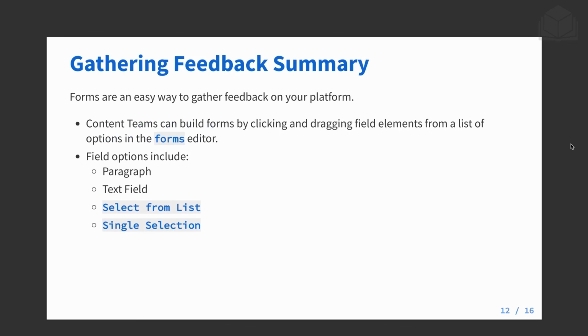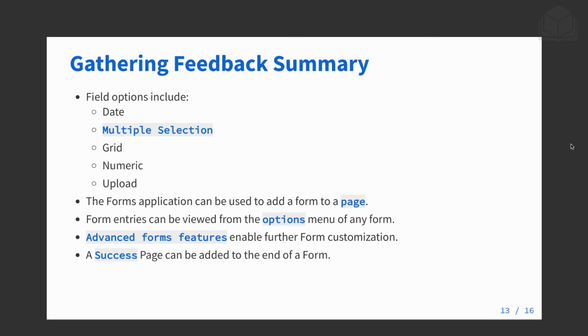Okay? All right, so let's go ahead and recap what we discussed here. We have the forms asset that allows us to very quickly and easily build these forms to gather feedback from our users. We have a number of field options that we can set up either in the form itself or through an element set. The element sets allow us to more quickly generate our forms by just plugging those in once we have a form going.